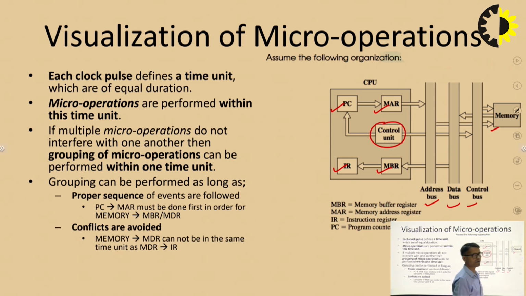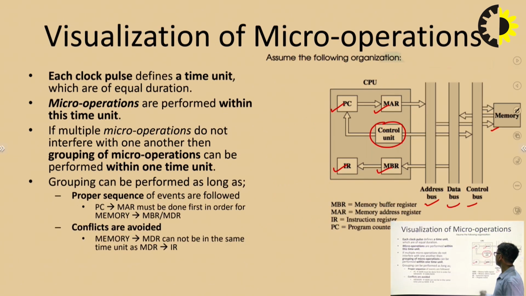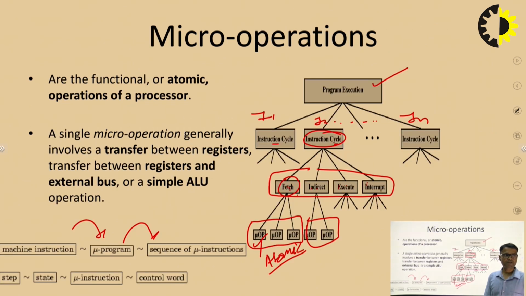This control unit is basically directing various micro operations to be executed. If we see the path of data that is connected to the buses, we can see that these paths are executing multiple micro operations.